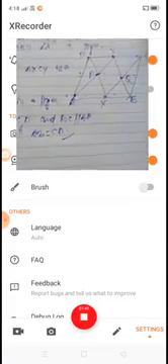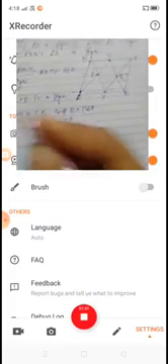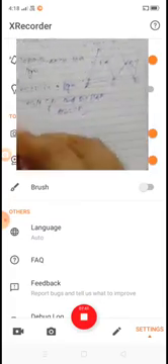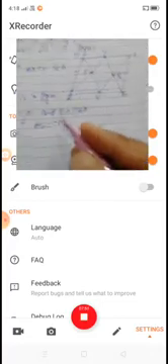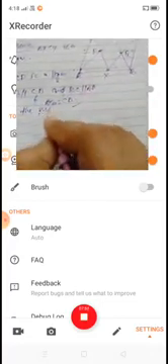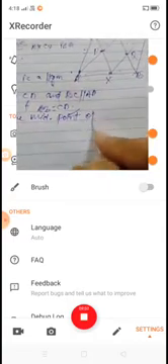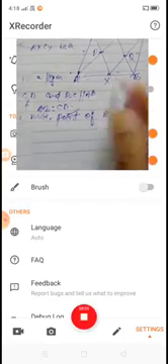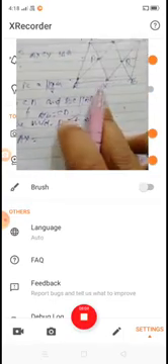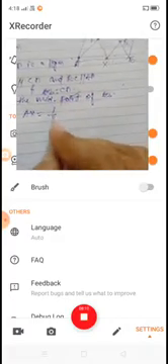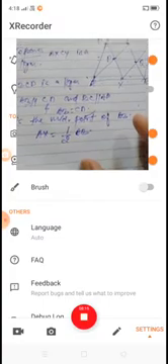Since X is the midpoint of AB, AX is equal to half of AB.